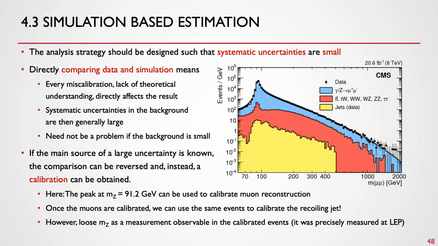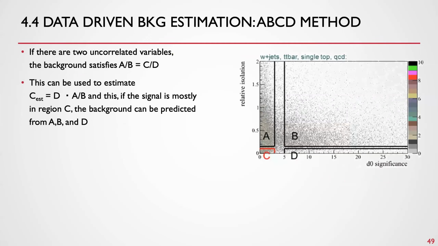Good. There was a simulation-based estimation. Now let's go to the exact opposite. Let's forget about simulation. Let's only look at data. Let's say we have two variables that are uncorrelated. In this case, it is the impact parameter significance and the isolation of a lepton.